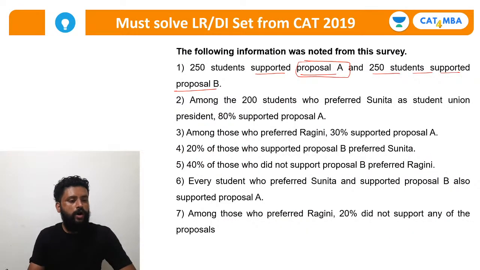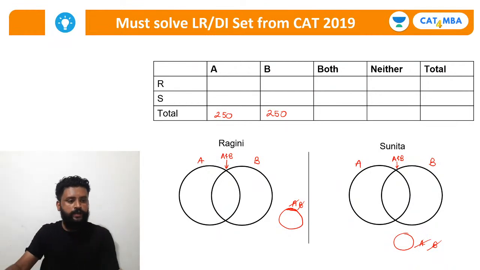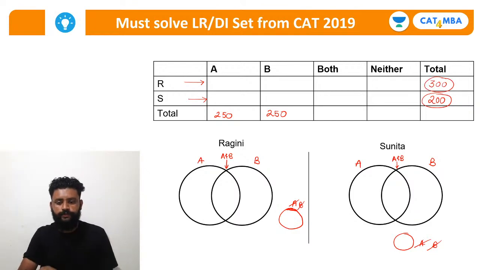Next thing, among the 200 students who preferred Sunita as student union president. So 200 students preferred Sunita as union president. We know that Sunita and Ragini together will total 500. So for sure, if Sunita has 200, this is Sunita, and everyone preferred either Sunita or Ragini, one of the two. So 200 for Sunita, then Ragini should be 300. That's what you can conclude. Is it right, Nicole? Have you understood up till now?